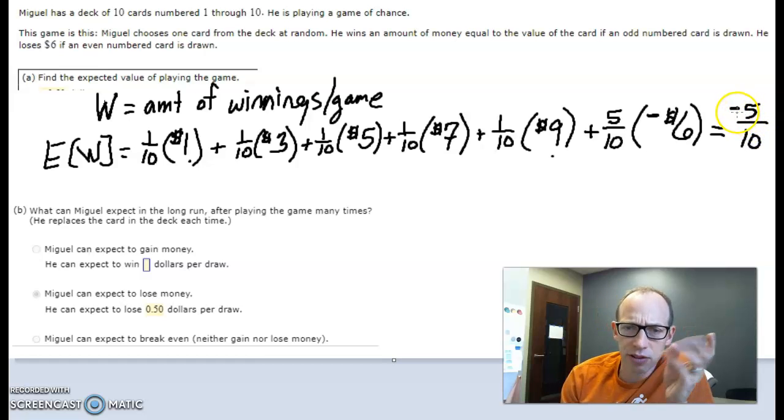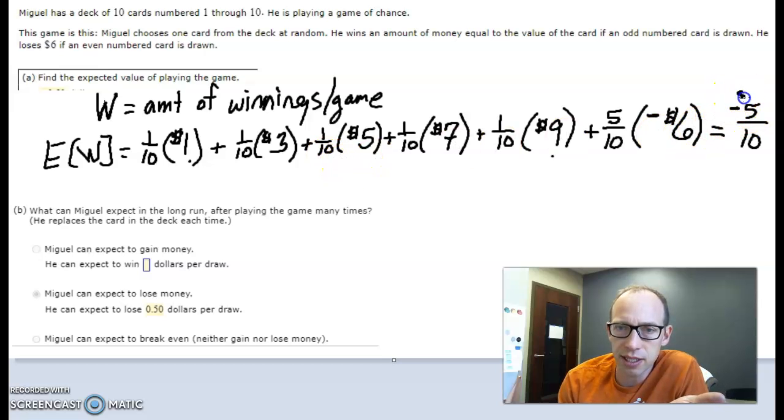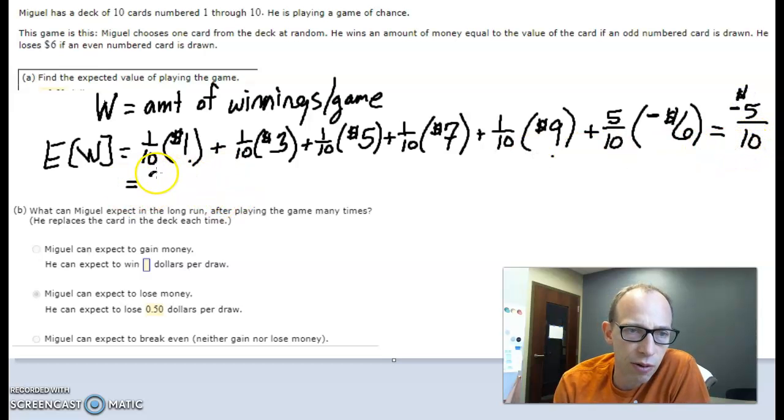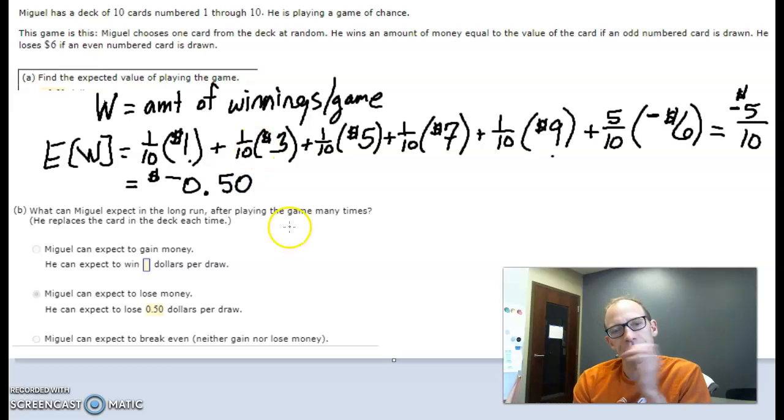If what I did there was mental math, don't worry about that at all. You can type all of this into a calculator, and the point is it'll give you -5/10. So let's simplify that. How we might normally write it would be -50 cents, right? So each time, on average.